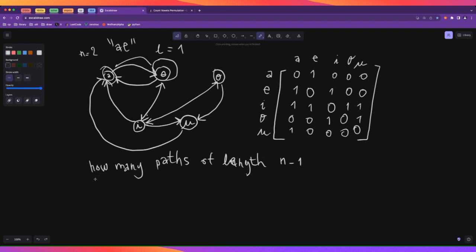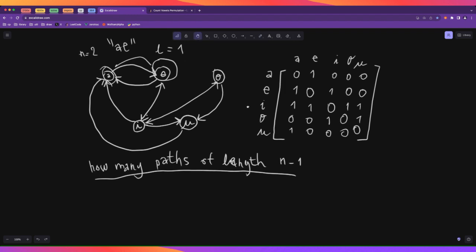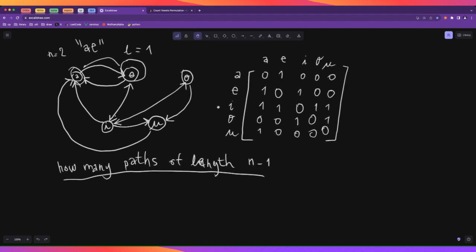So this is what we want to find, and this is a very well-known problem. This is where I go back to some theory that's useful to know, and I'm going to explain why.